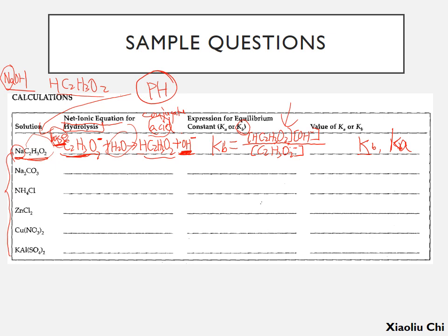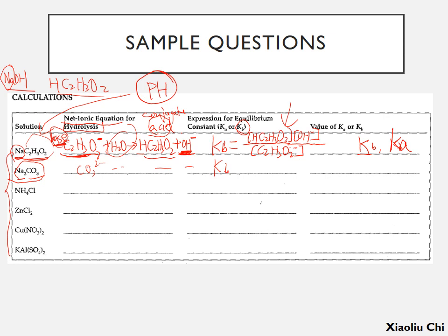Now the second one is similar. Okay, so again, sodium is a strong base, carbonate comes from a weak acid. So you write similarly, so you should write carbonate plus water forms carbonic acid, generates hydroxide, okay, and you write Kb because again it serves as a base.